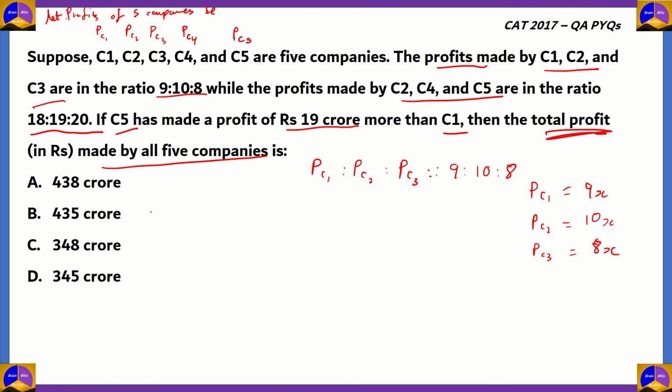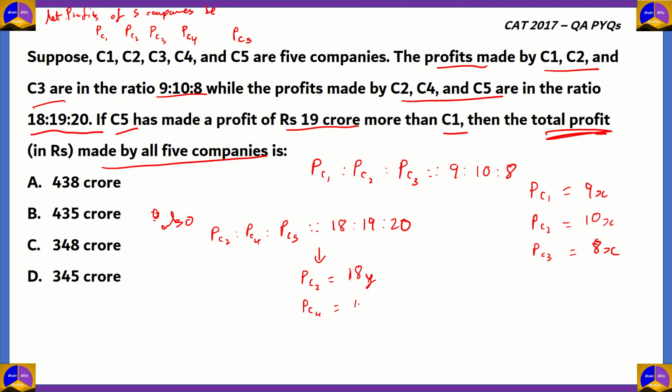Similarly, P of C2 is to P of C4 is to P of C5 is proportional to 18 is to 19 is to 20. So from here we can say P of C2 equals 18 times another constant, which we can put as y.